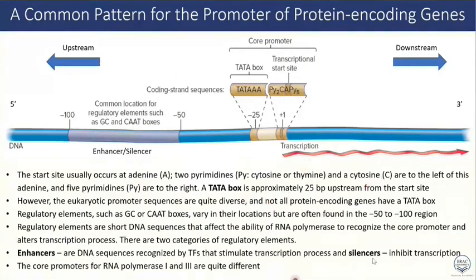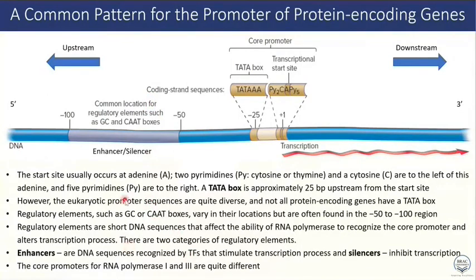This is the typical promoter for RNA polymerase 2, which means protein coding genes. The RNA polymerase will transcribe mRNA, and mRNA will be translated into proteins. We are more interested in proteins, particularly the protein coding sequence of our genome.